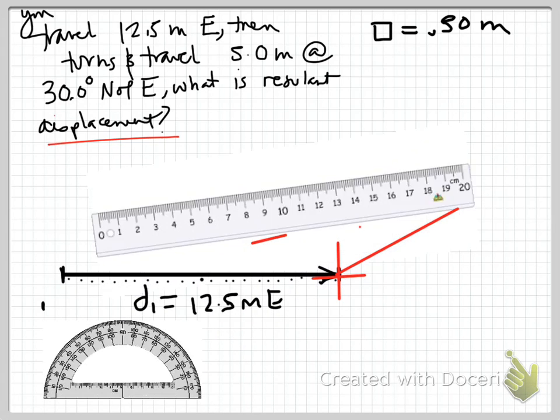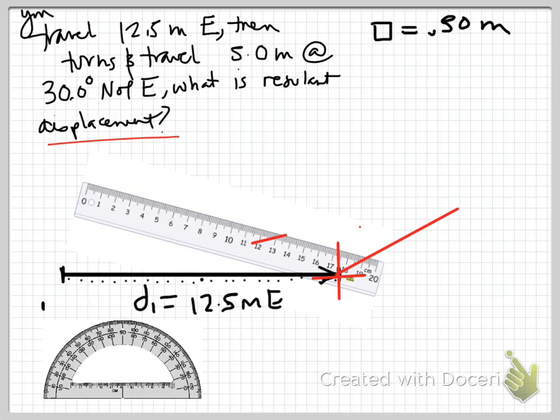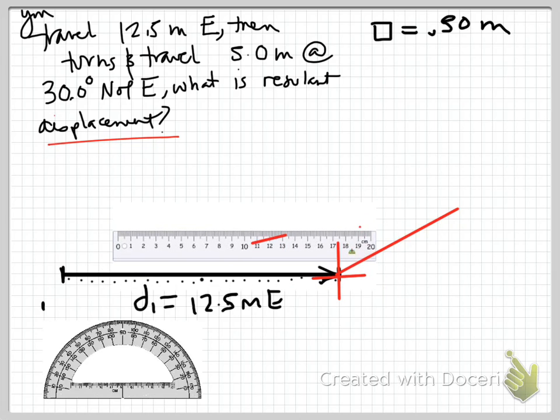This is really challenging on the screen. So here's what I'm going to have to do. I'm going to highlight one block, make that a half centimeter, and scale my ruler appropriately.